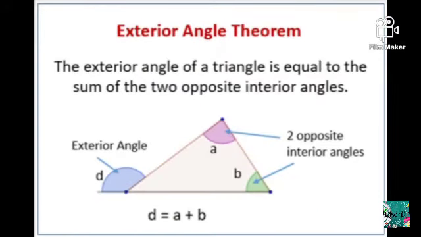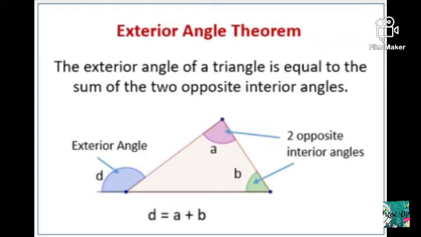The other theorem is the exterior angle theorem. It is also very easy. Here the exterior angle is angle D. Observe the diagram very well. The exterior angle of a triangle is equal to the sum of the two opposite interior angles.